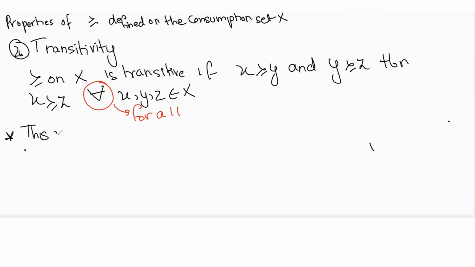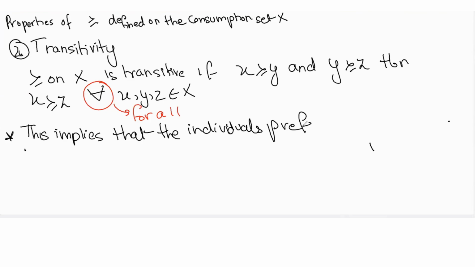This implies that the individual's preferences are consistent. And what does this imply in terms of ICs?